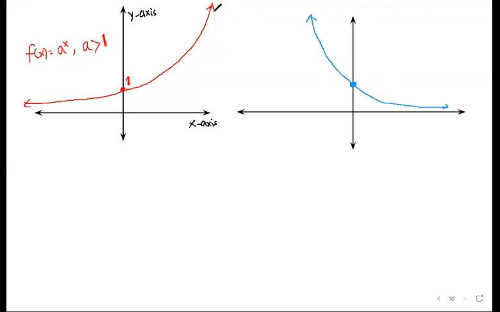For f of x equals a to the x when a is between 0 and 1, f of x will be something like this.